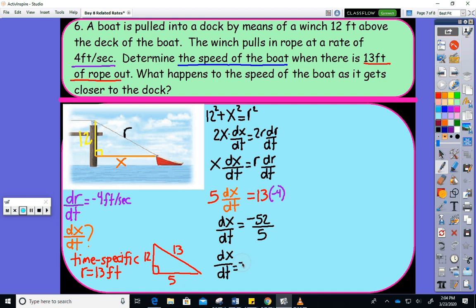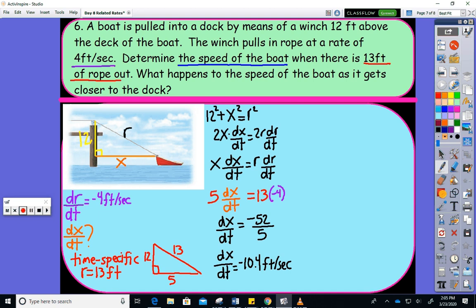The reason I'm going to decimals is because the next part I'm going to have to go to decimals, okay? So -10.4, and isn't it feet per second? Yes, because dr/dt is in feet per second. So the speed of the boat as it approaches the dock is 10.4 feet per second. It's negative because that x is shrinking, but I probably wouldn't say speed's negative because speed's always positive, right?